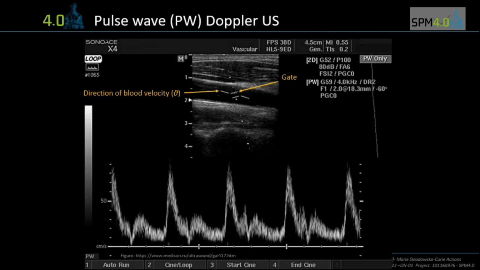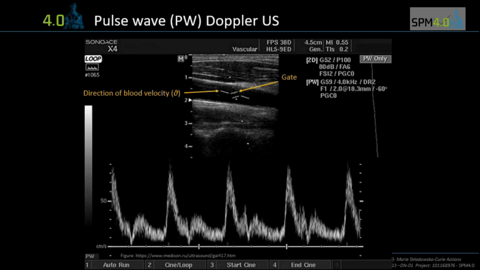So a typical application is to measure quantitative blood flow. We have here a small gate to select a specific depth. We have the direction of blood velocity, which is adjusted manually to correct for this theta angle, and then we see at the bottom the blood velocity, up to 1 meter per second over the cardiac cycle.